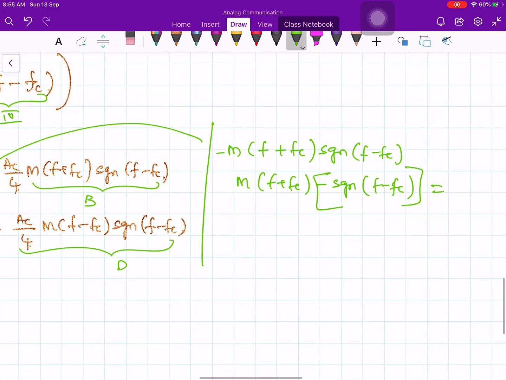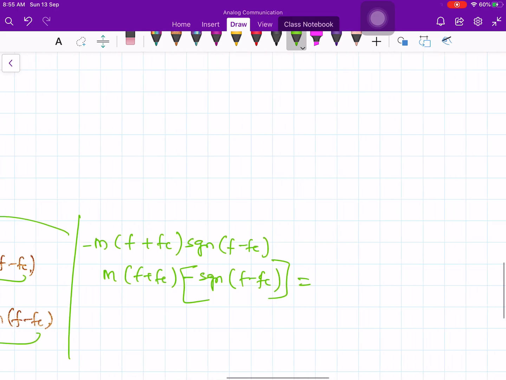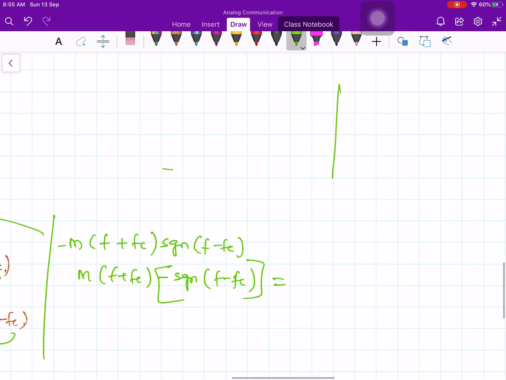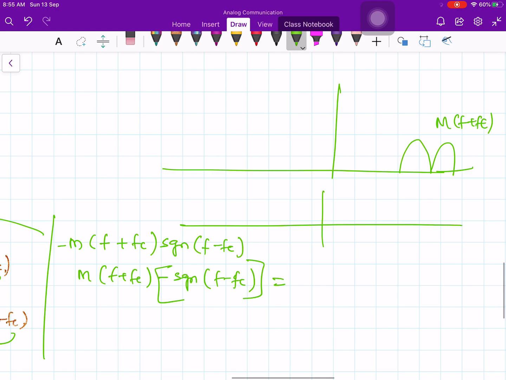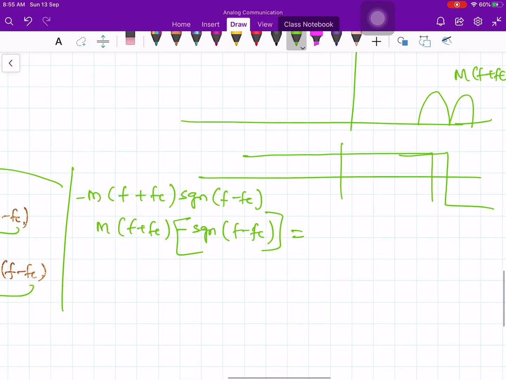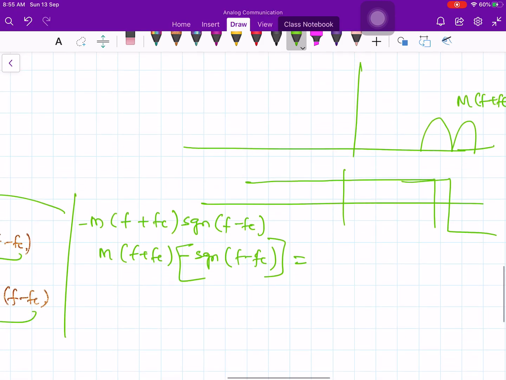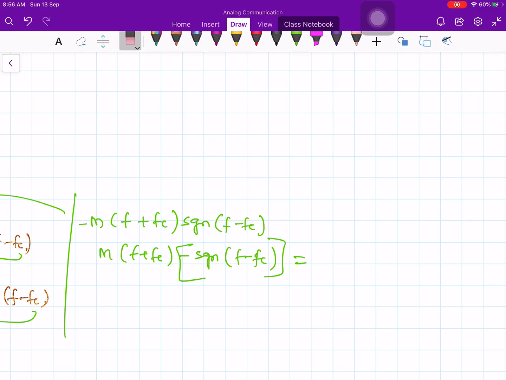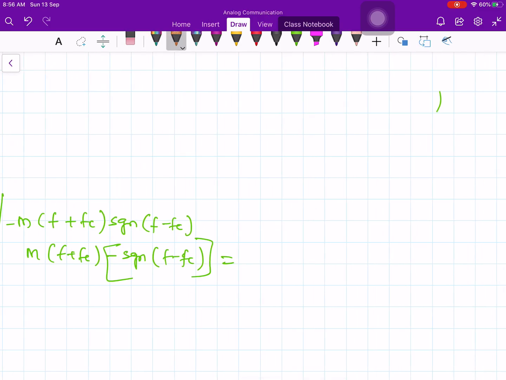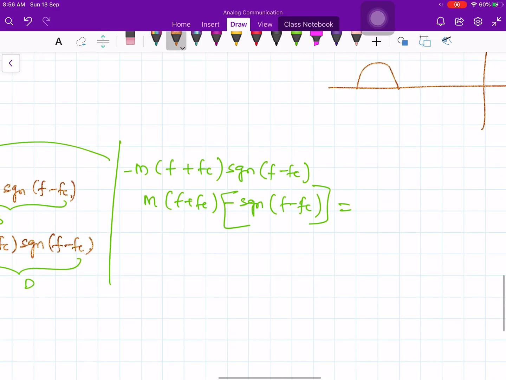What is this? If you look at the figure, in the modulated spectrum, this is my m of f plus fc. Maybe let me draw here.